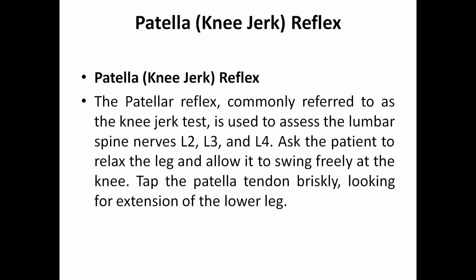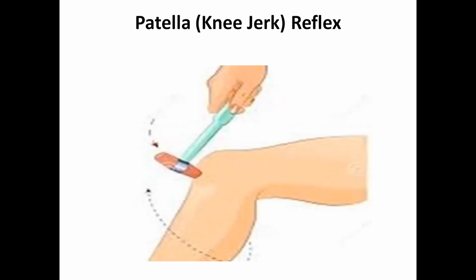Ask the patient to sit in a relaxed posture, relax the leg and allow it to swing freely at the level of the knee. Tap the patella gently and briskly, and we could notice the extension of the lower leg. This is a picture depicting the patellar reflex. You could see the reflex hammer tapped at the level of the patella.